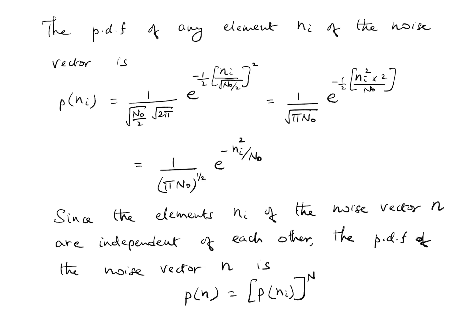And since they are independent, their combined PDF is simply the product of their individual PDFs. So we will take the PDF of n1 into the PDF of n2 into the PDF of n3, and since they all have the same PDFs with the same mean and the same standard deviation, it is simply P of ni power n, right?